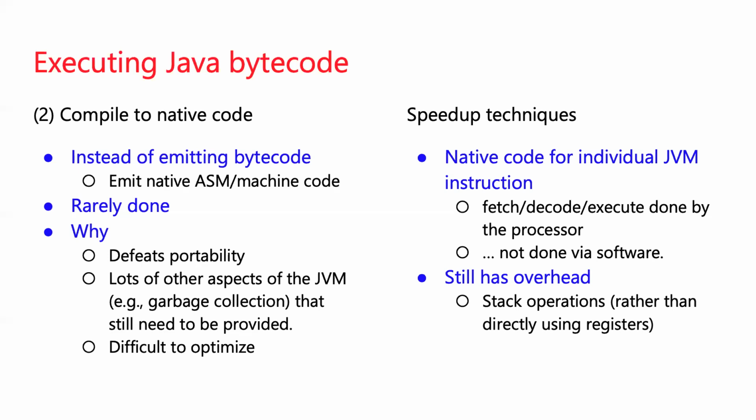Again, though, we said you'd still have a fair amount of overhead because the definition of the JVM still requires using a stack, for instance, and replacing the use of registers with stack operations can still have a cost in terms of performance.